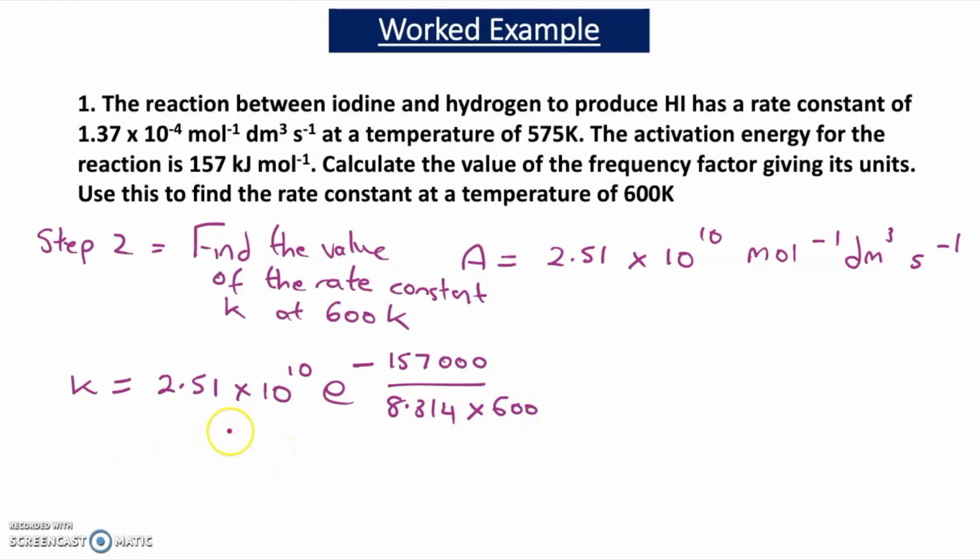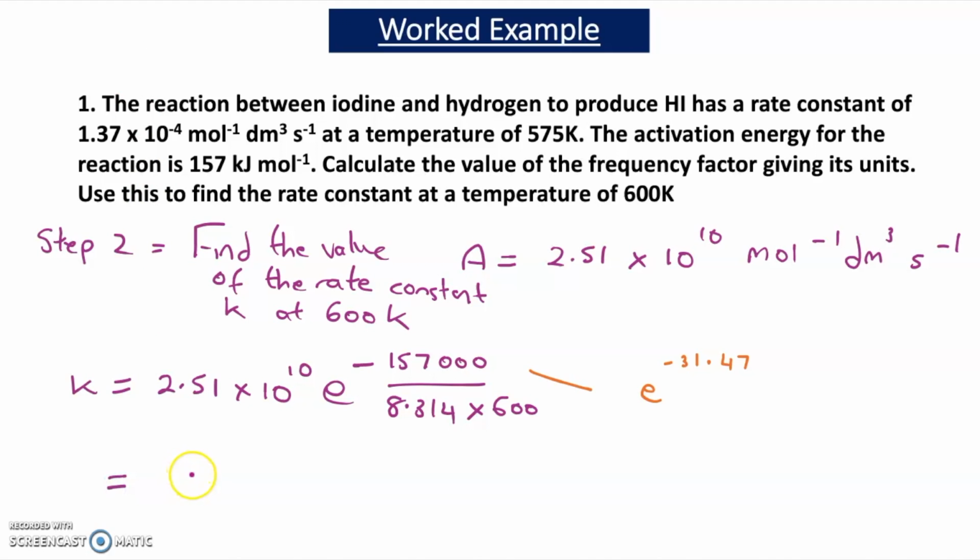And if I work this out now, because I'm trying to simplify this sum, 157,000 over 8.314 times 600 comes to be equal to 31.47. So this can be simplified as e to the minus 31.47.